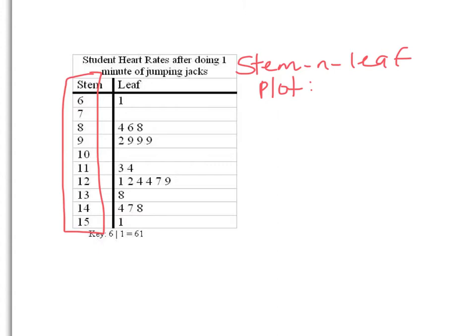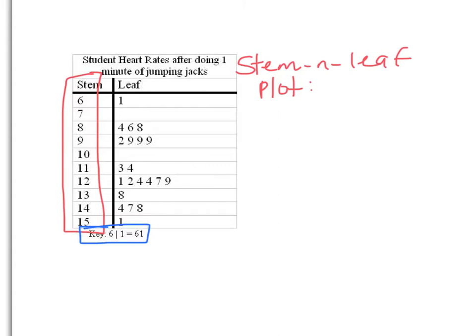But if you look down here, this is a really important part, this key. Without it, I don't actually know what these numbers are. I don't know if 6|1 is 61 or 6.1 or 6.01. It really could be any combination with those digits. So the key tells me down here that 6|1 is a 61.